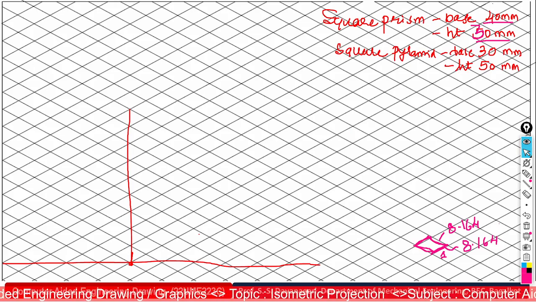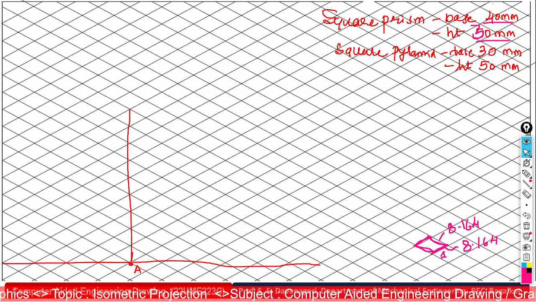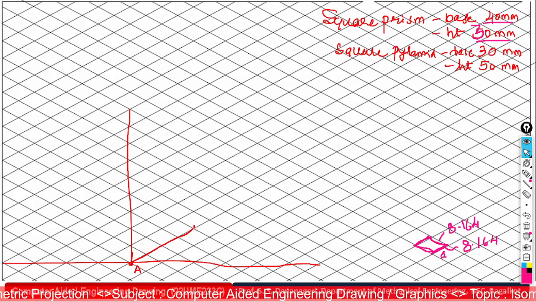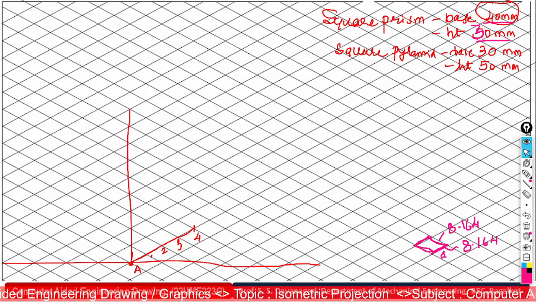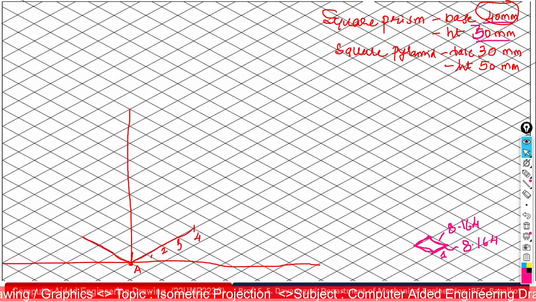Now let us mark one reference point here. Let us put this marking as A. From this point you mark 4 units: 1, 2, 3, 4. So base is 40. Similarly, you draw one more line on the left side: 1, 2, 3, 4.